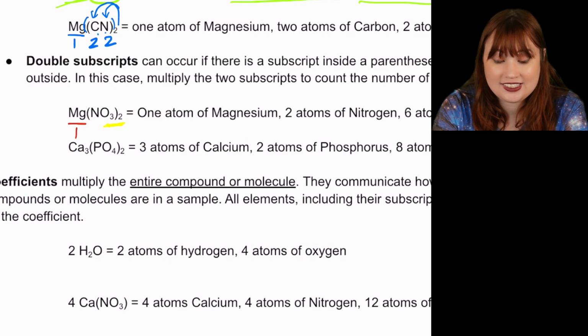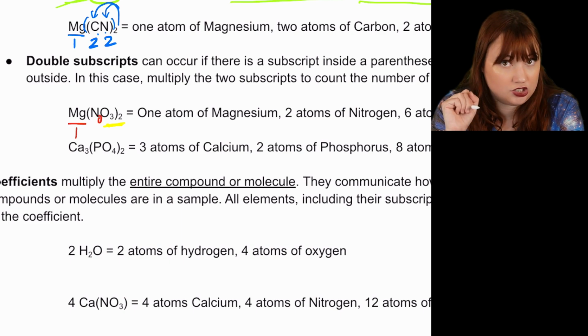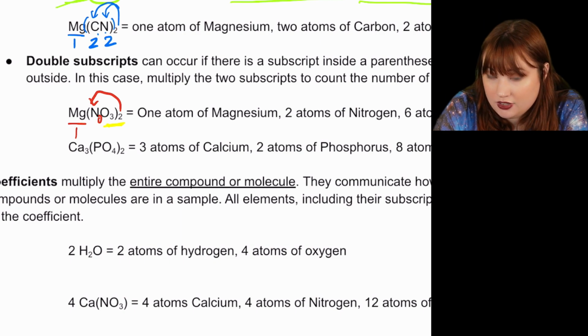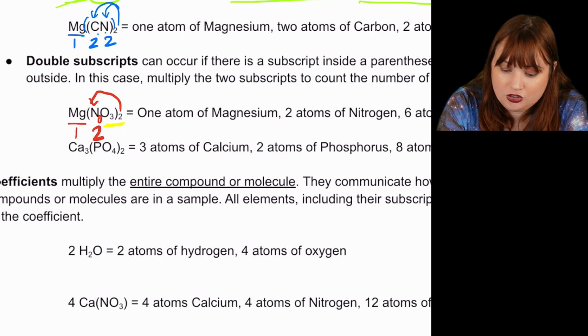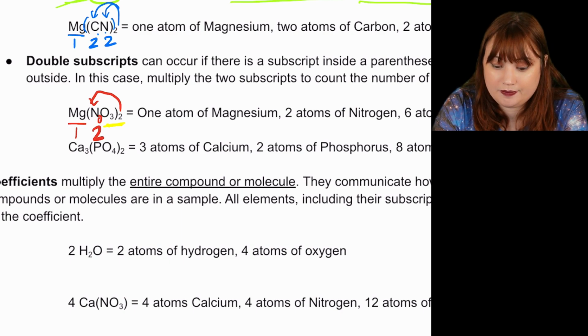When I get to the next element, nitrogen, nitrogen does not have a subscript next to it, but it does have this 2 on the outside of the parentheses that affects that nitrogen. So instead of saying I have 1 nitrogen, we actually have 2 because of the subscript outside of the parentheses.